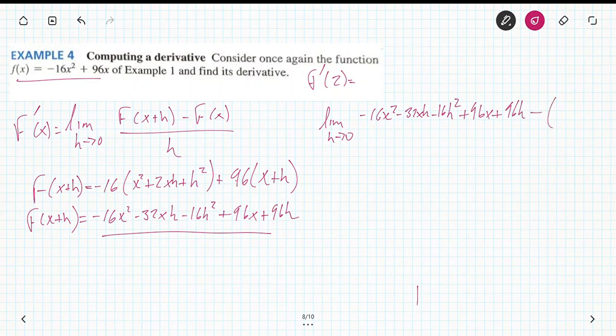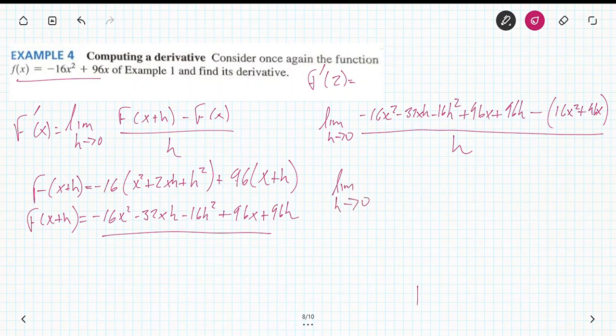My original function was negative 16x squared plus 96x, and all of this is going to be over h.